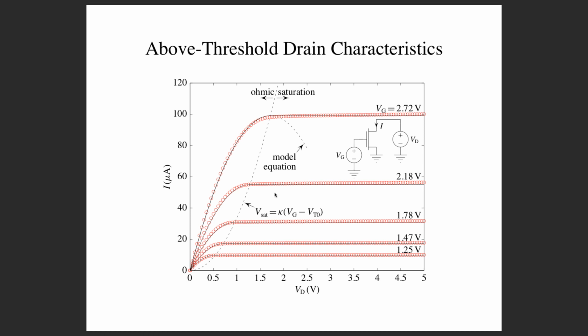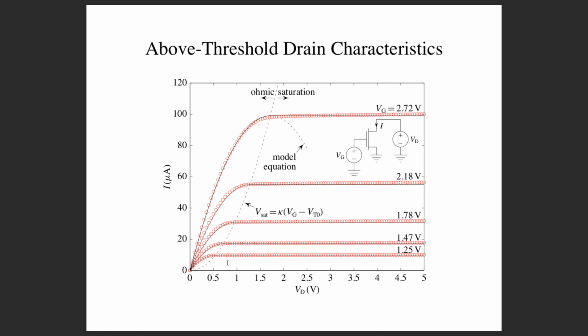I mentioned in class that this is qualitatively similar to collector characteristics in the BJT, only in this unfortunate coincidence of history, this region for the BJT is called the saturation region, which is exactly the opposite of what we call the saturation region in MOSFETs. The saturation region in MOSFETs is the analog of the active region in BJTs, where we have this constant current source-like behavior.